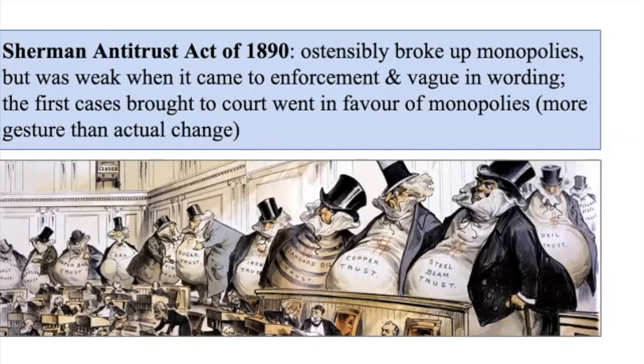Ostensibly, this broke up monopolies, and you often see it covered that way. But it was weak when it came to enforcement and vague in wording, meaning that the first cases brought to court went in favor of the monopolies. So the Sherman Antitrust Act of 1890 was more a gesture than any actual change.